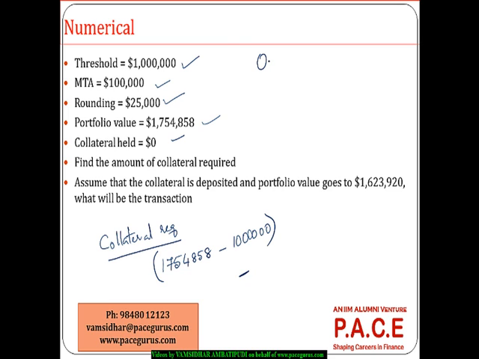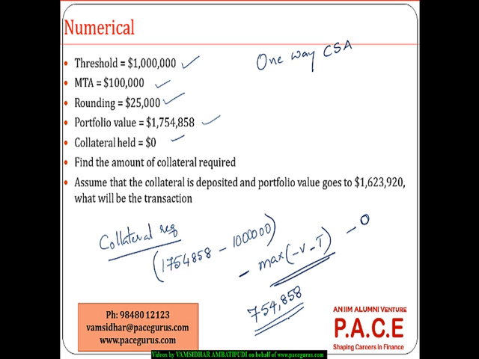Let me even make it clear: if it is a one-way CSA, my counterparty does not have any. If that's the case, the second term, maximum of minus V minus whatever is the threshold, this part is 0, minus the collateral that I am already holding. So overall, it is coming out to 754,858. Right? This is the amount of collateral that I have to hold.